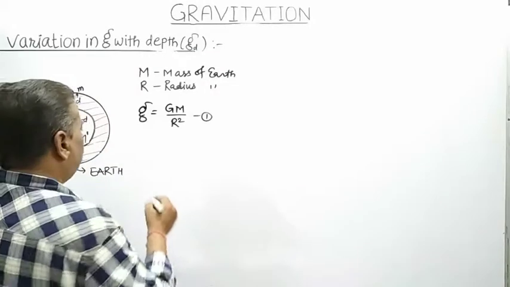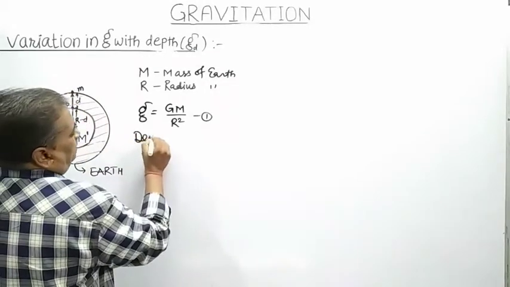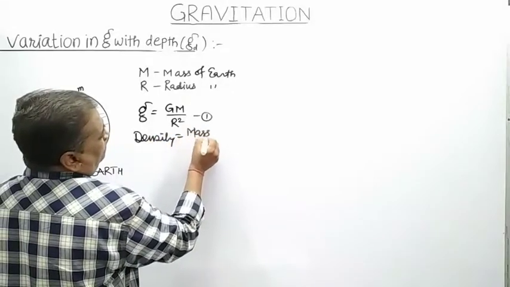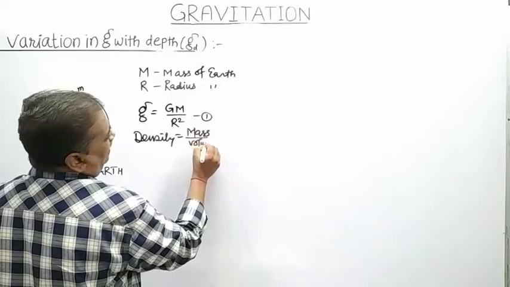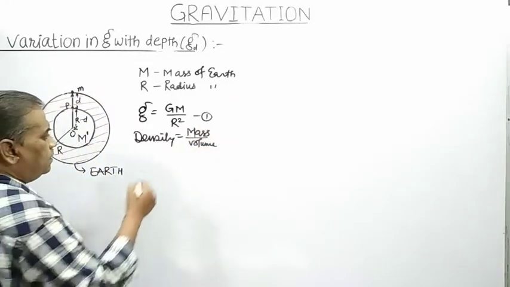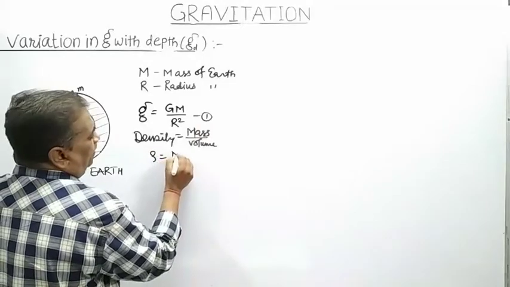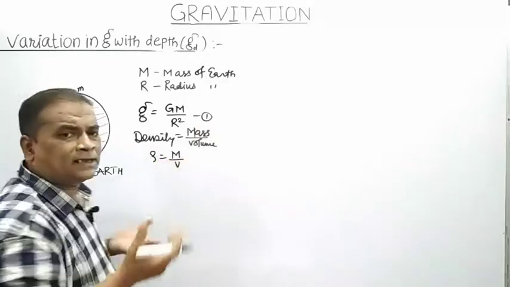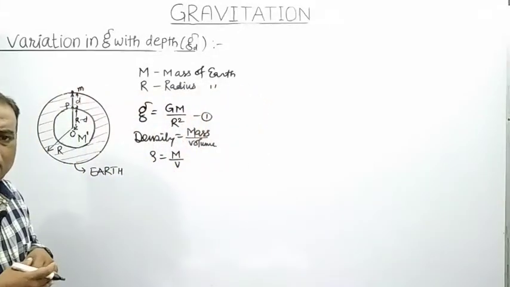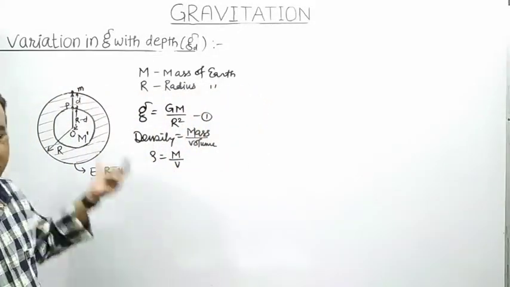Because we know that density is equal to mass upon volume. Rho is equal to M divided by V. Rho is the density of earth, capital M is the mass of the earth, and V is the volume of the earth.